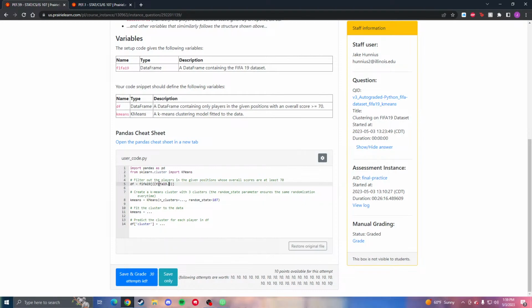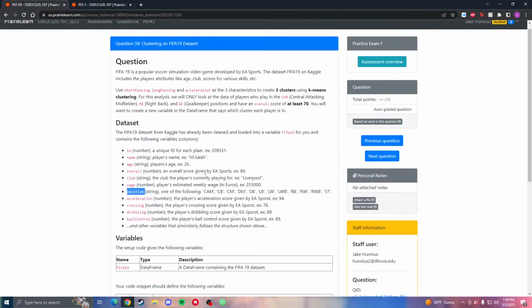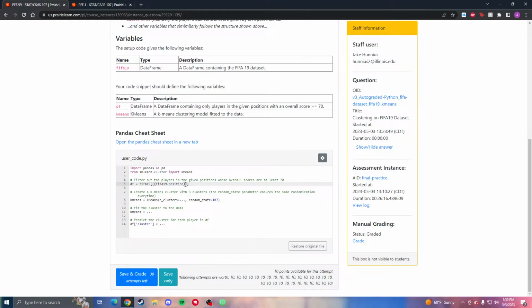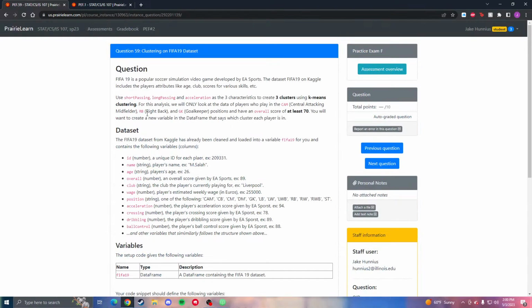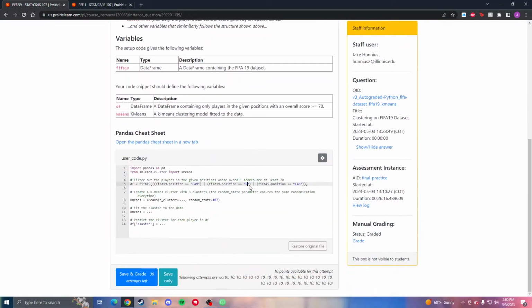FIFA 19 dot position is equal to CAM, or, and then we're going to do this 2 more times with 2 different positions, RB and GK.